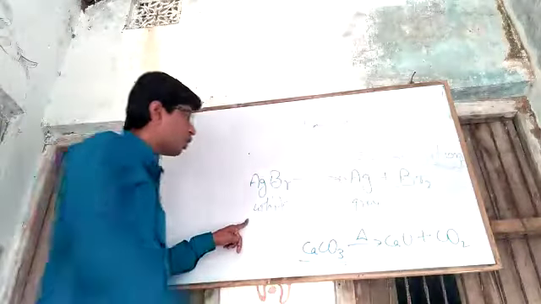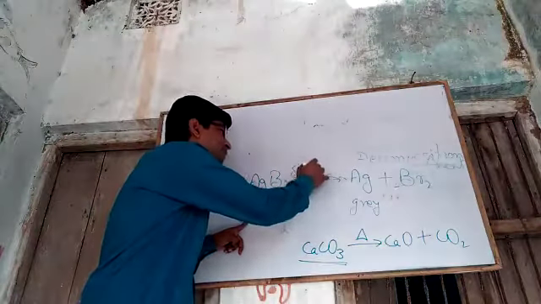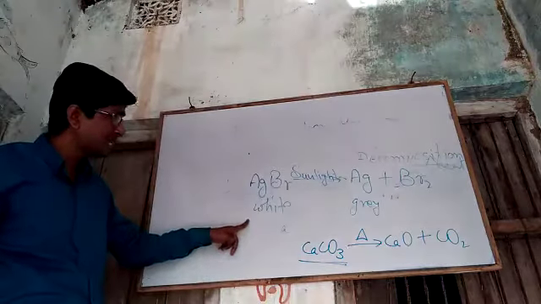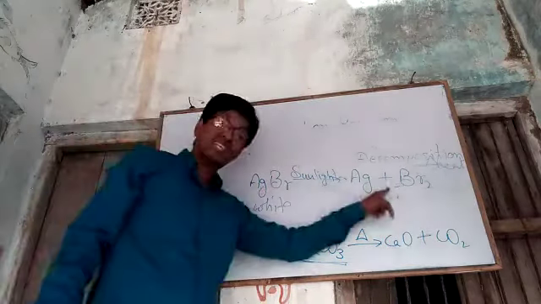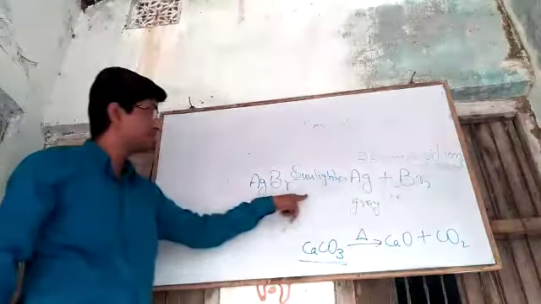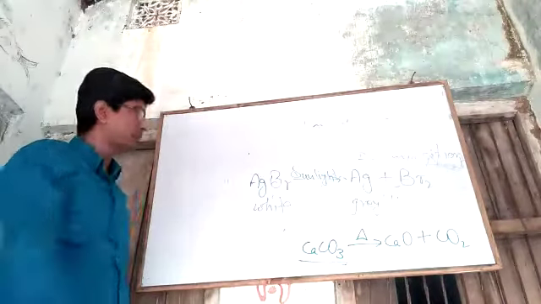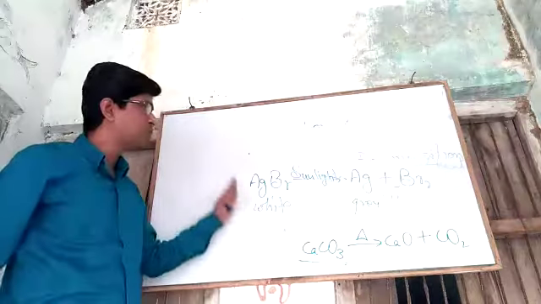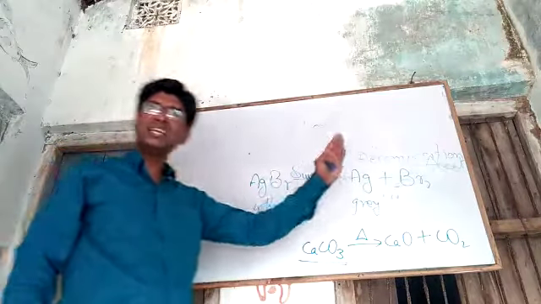So this is called photolytic decomposition reaction. Why is it called photolytic decomposition reaction? Because this decomposition reaction takes place in the presence of sunlight. Here you can find silver bromide changes into silver and bromine. So this is an example of photolytic decomposition reaction.